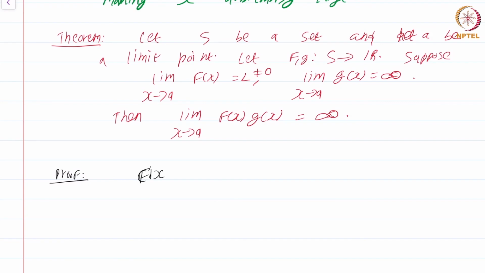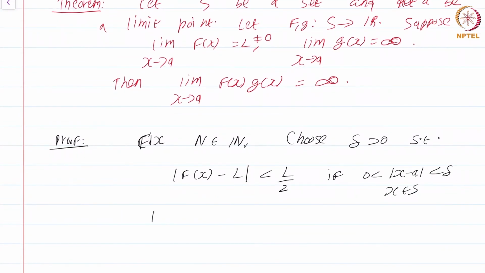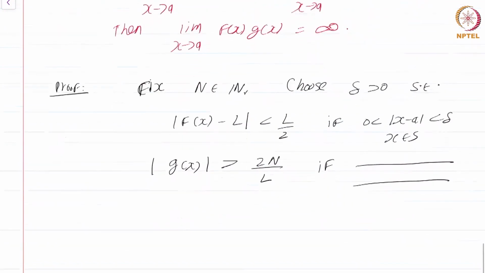So fix n in N. Now choose delta greater than 0 such that, first of all, mod f of x minus L is less than L by 2 if 0 less than mod x minus a is less than delta and x is in S. And second, mod g of x is greater than 2n by L if 0 less than mod x minus a less than delta and x in S. So choose delta such that both these conditions happen.